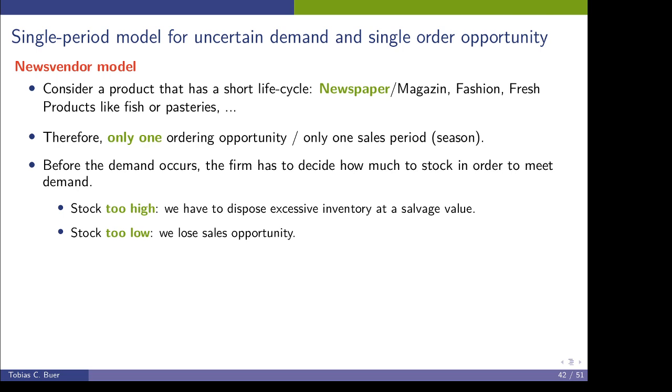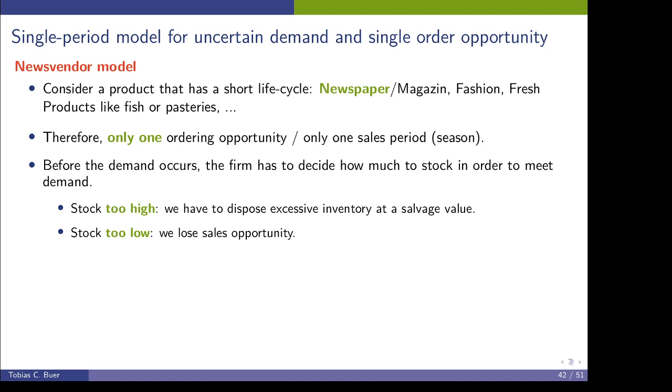Before the demand from the customers occurs, we have to decide how much stock we want to order to meet the customer demand. If we order too much, if our stock is too high, then we cannot sell everything to our customers and we have to throw away the surplus inventory.